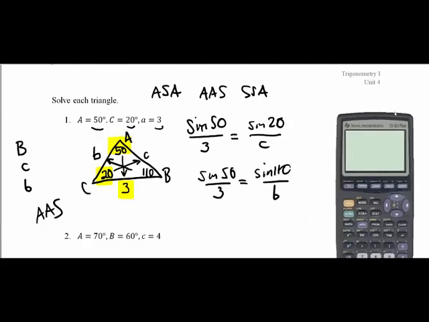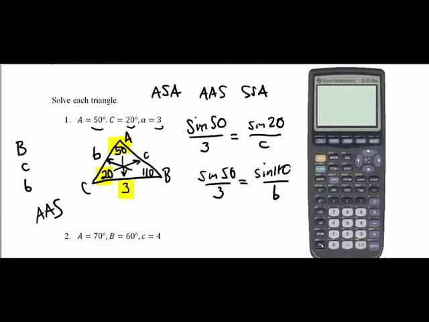Okay, so taking our calculator, and it is in degree mode, but that's not going to be important since we're actually not going to be finding any missing angles, only missing sides. We're going to then do our crisscross multiplication. 3 times sine of 20 divided by sine of 50.